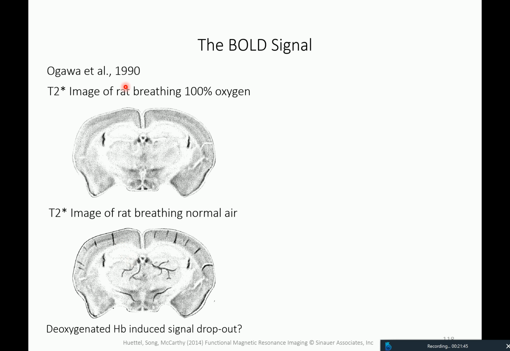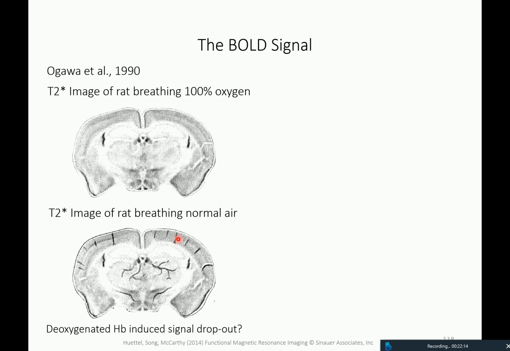So they started out from these observations that in vitro, you see these effects, and the question was, can we also observe something like this in vivo? So they had this rat preparation, and they administered 100% oxygen to the rats, so that the blood is really strongly oxygenated, and they had them breathing normal air. And when making the images, they observed these signal dropouts.